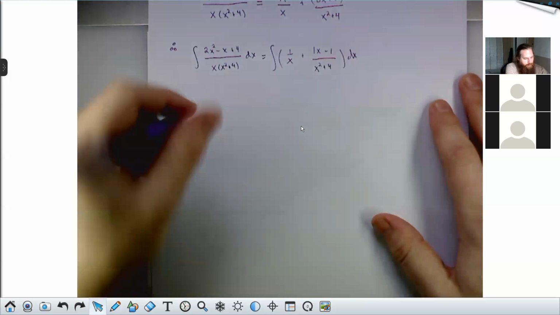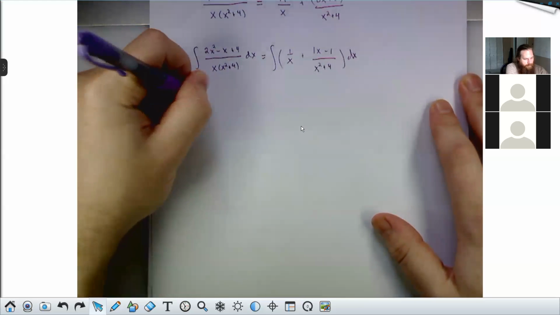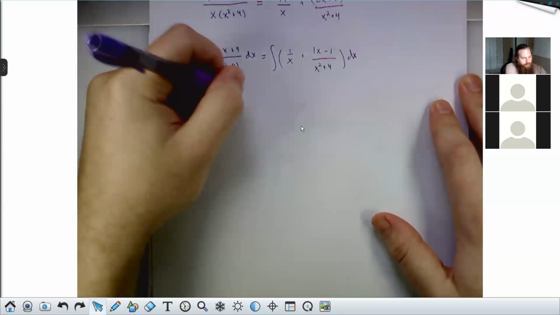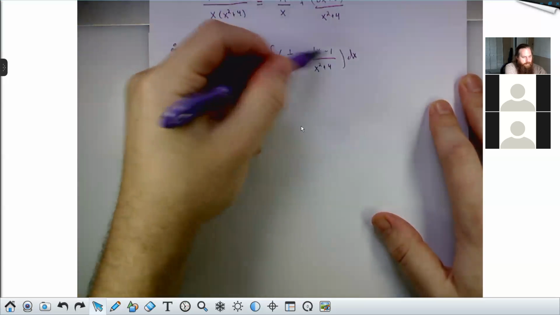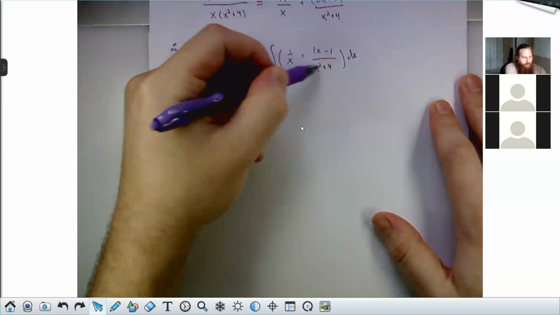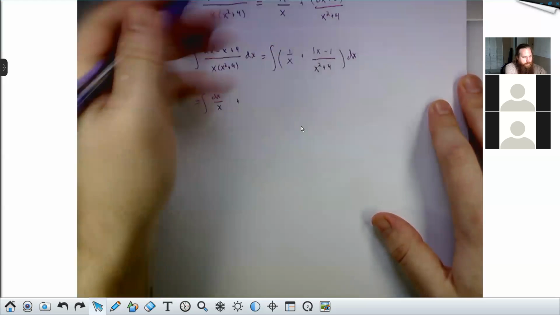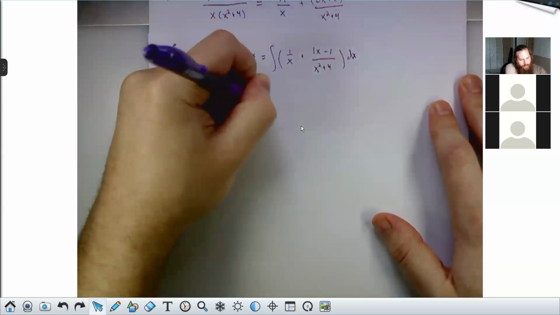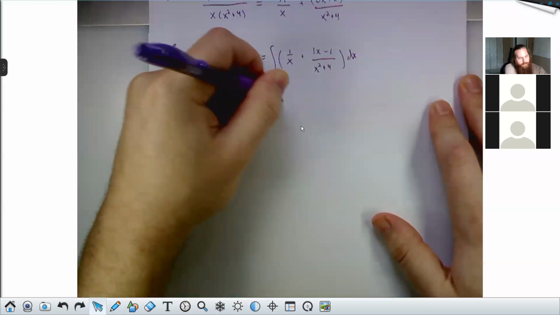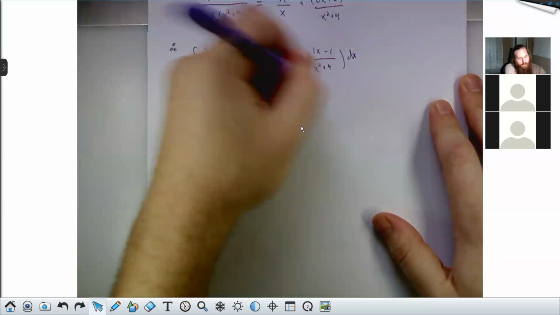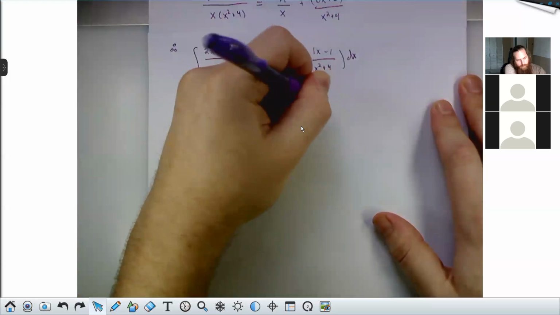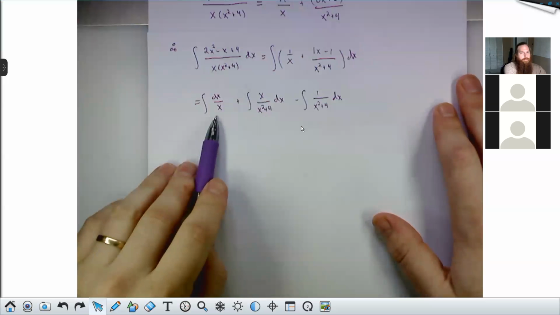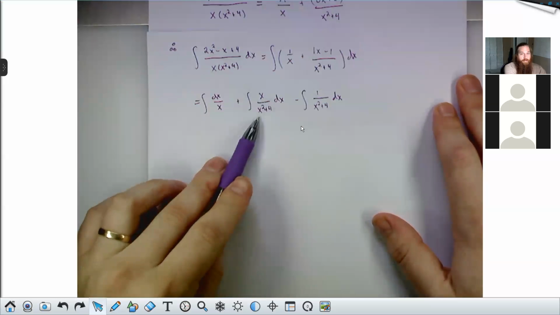So the remaining integral here, I'll split into 3 pieces. Integral dx over x plus. This fraction I can split up as x over x squared plus 4 minus 1 over x squared plus 4, and I'll do that. X over x squared plus 4 dx minus integral 1 over x squared plus 4 dx. Easy. Easy question mark.